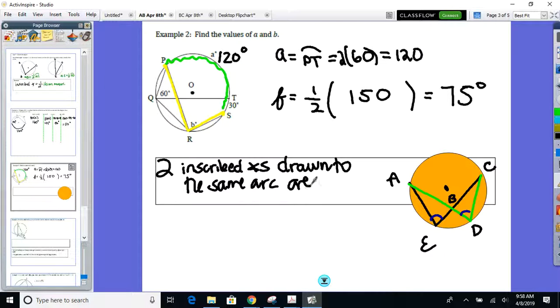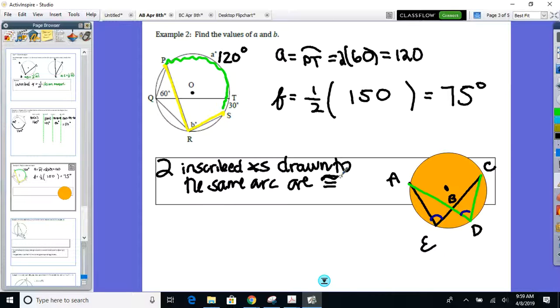They are congruent. Just want to make sure that's not arc versus R. All right. We see that working there. So if you have two inscribed angles, they're drawn to the same arc.